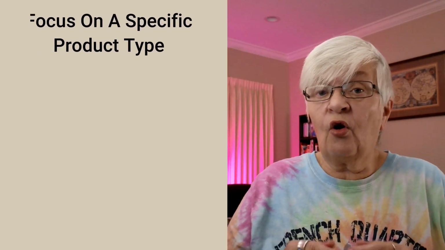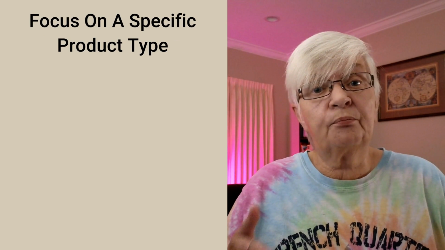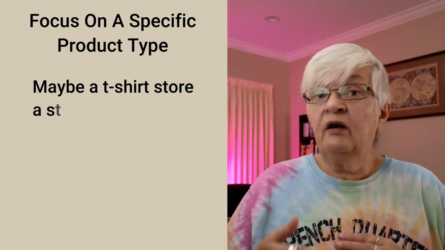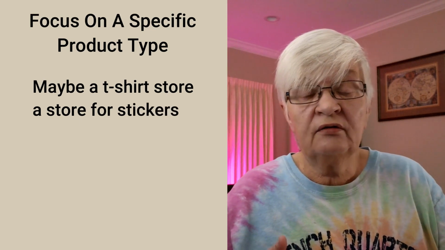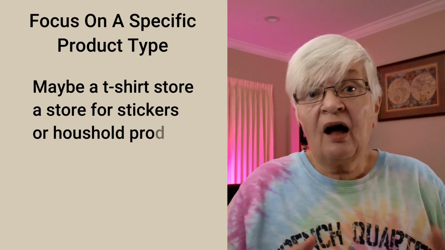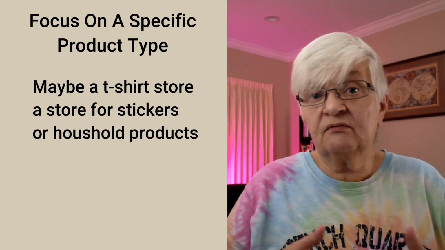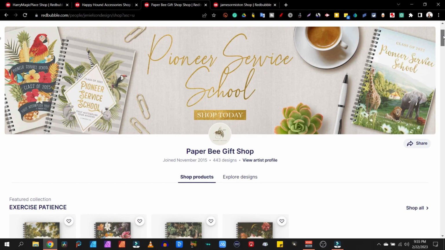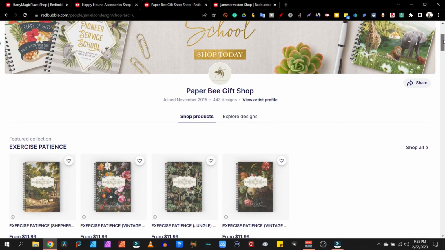A third method can be to focus on a specific product type, maybe a t-shirt store or a sticker store, or maybe household products, coffee mugs, or something like that. I found one store on RedBubble called PaperBee Gift Shop.